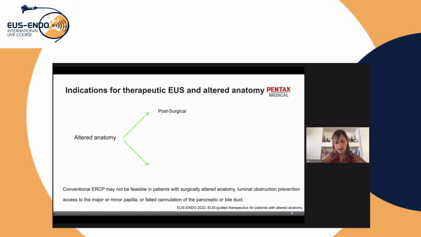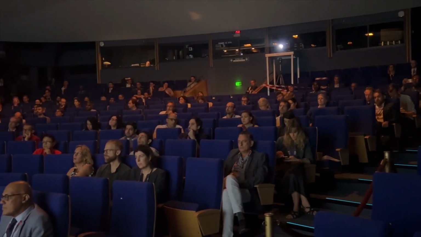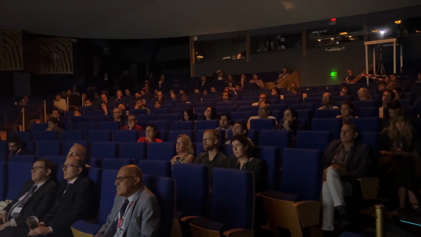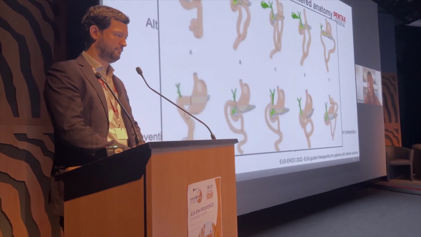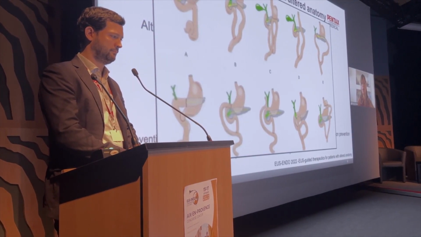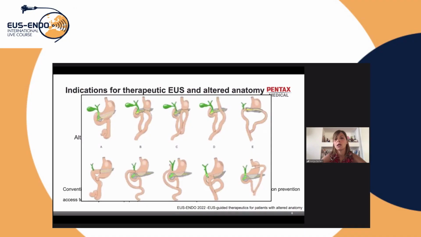The concept of altered anatomy is considered as everything that can stop our procedure. It cannot permit us to reach the target organ, and it could be a post-surgical reason, like you can see here, many surgical reconstructions with Roux-en-Y bypass, gastroenteral anastomosis, everything that makes it impossible to reach the target.